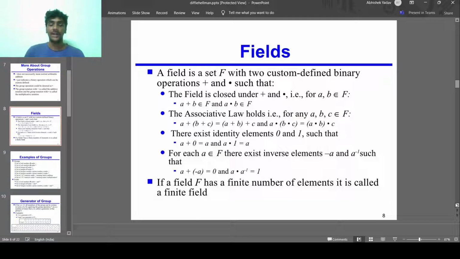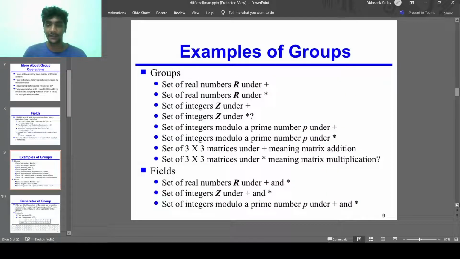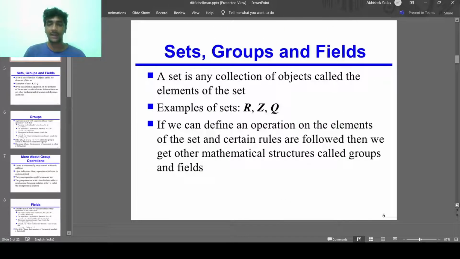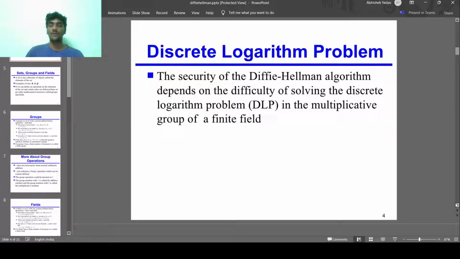As you can see, A plus minus A is equal to 0, which is the identity element of addition, and A dot reciprocal of A is equal to 1, which is the identity element of the multiplicative notation. And just like groups, if a field F has a finite number of elements, then it is called a finite field.